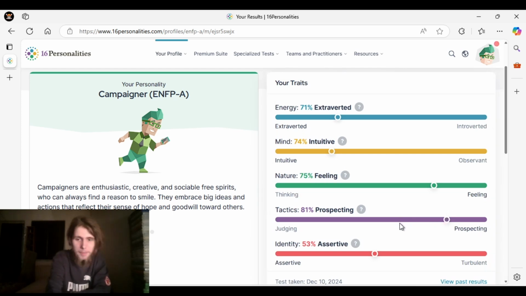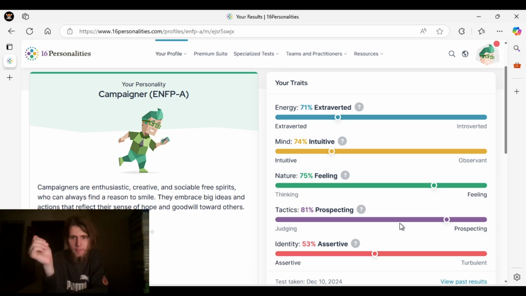And then we have tactics, which is judging versus prospecting. Judging means that you organize things and you judge other people. That's judge things and other people, basically.